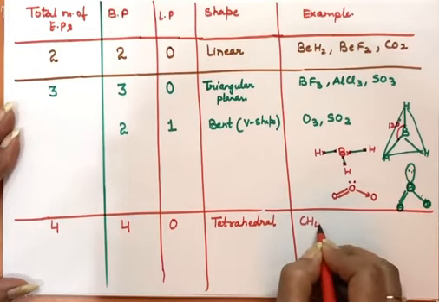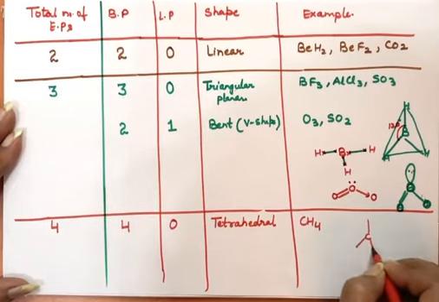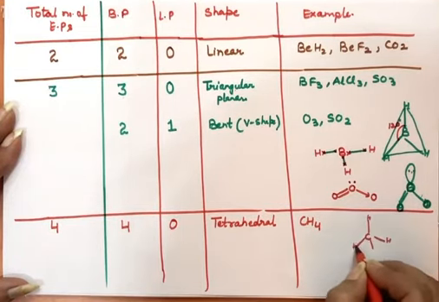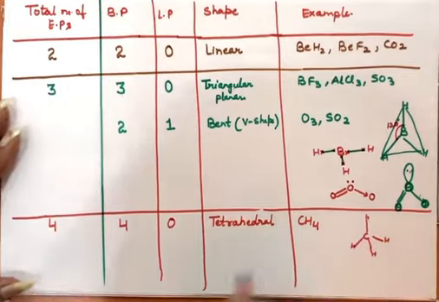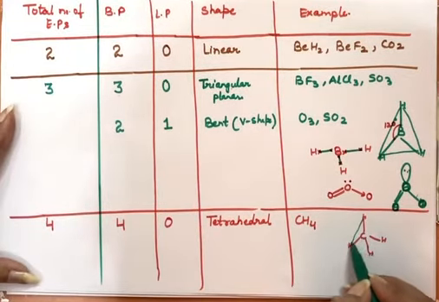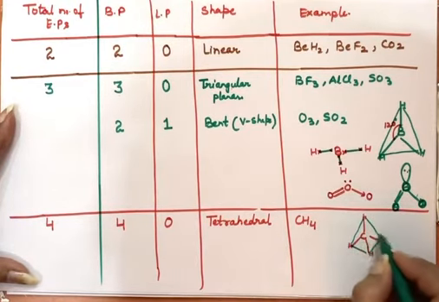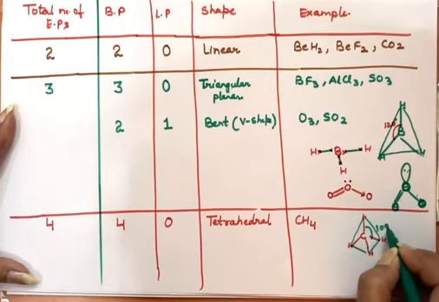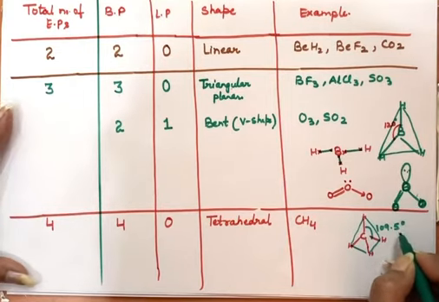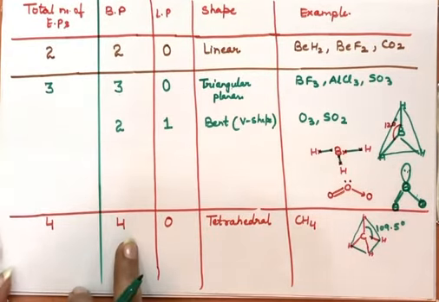Example CH4 we can take, and we know carbon combines with 4 hydrogen atoms, uses all its 4 electrons, so there is no lone pair left on the carbon, there are 4 bond pairs. So this kind of geometry that it is forming is tetrahedral. The angle here is 109.5 degree, or we can write 109 degree 28 minutes. This is the tetrahedral shape, if there are 4 bond pairs.